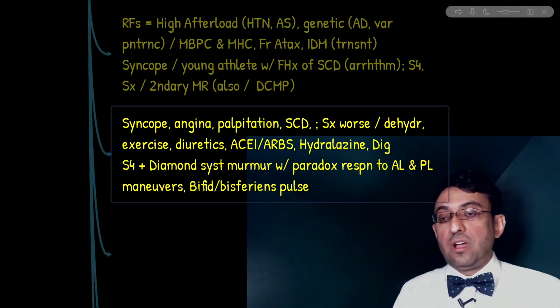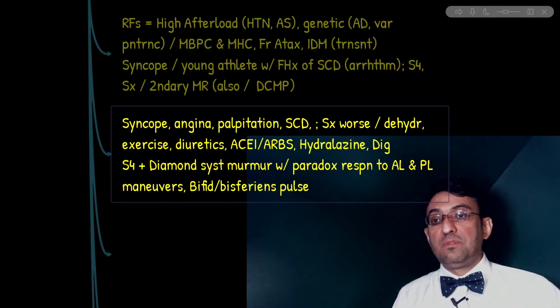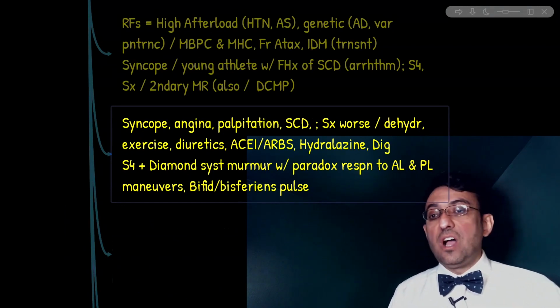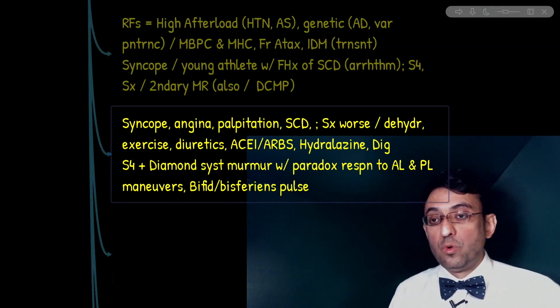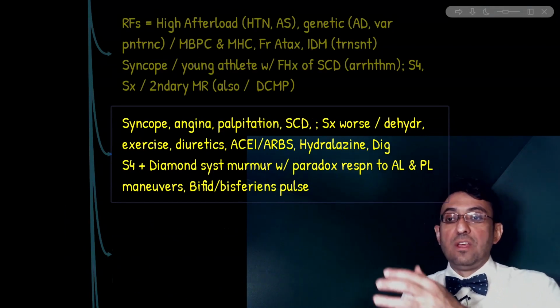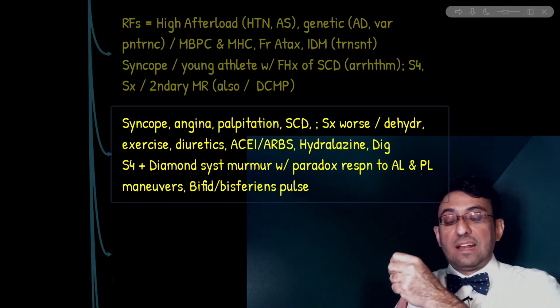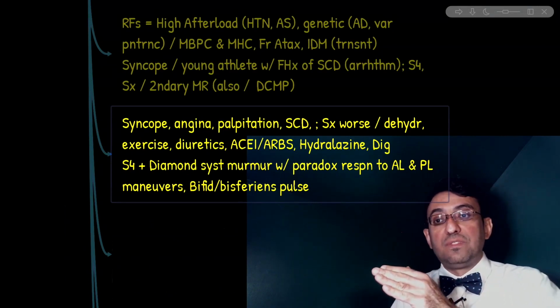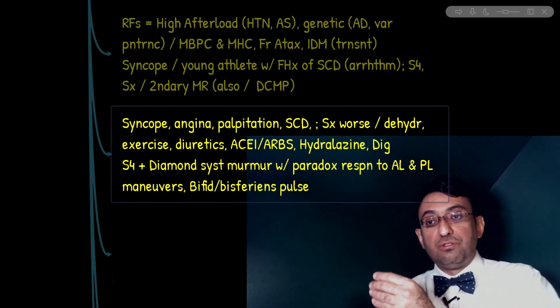How about antihypertensive medications such as ACE inhibitors, ARBs, or spironolactone? They are also contraindicated for the same reason. How about digoxin? Remember, positive inotropes are also contraindicated for several reasons. One is increasing the squeezing power of the heart, which increases the likelihood of the bulging of the asymmetric septum into the left ventricular outflow tract.